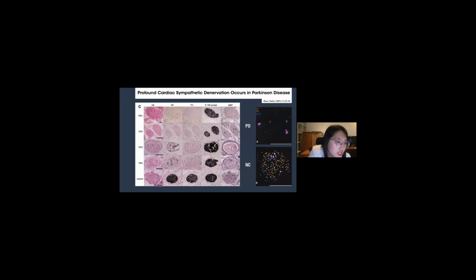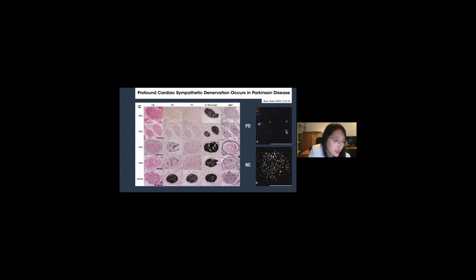Herein, the pathological evidence for cardiac sympathetic dysfunction in Parkinson's disease. The investigator examined the left ventricular anterior wall from postmortem specimens of PD and normal controls with immunohistochemical staining for tyrosine hydroxylase (TH), neurofilament (NF), and S100 protein, which are markers for sympathetic axons.